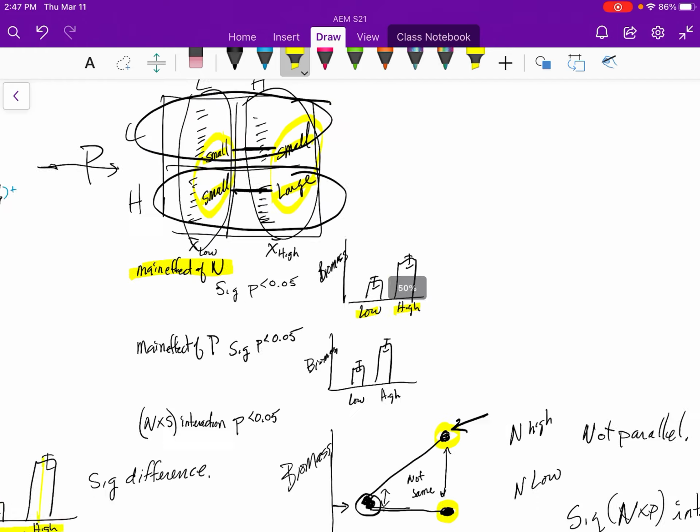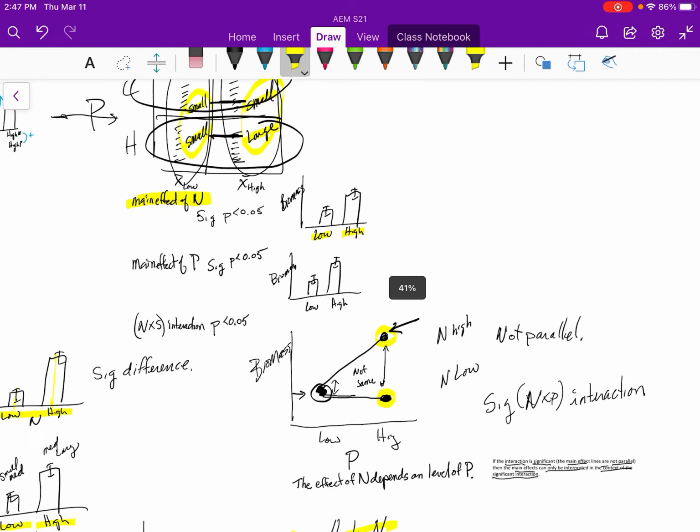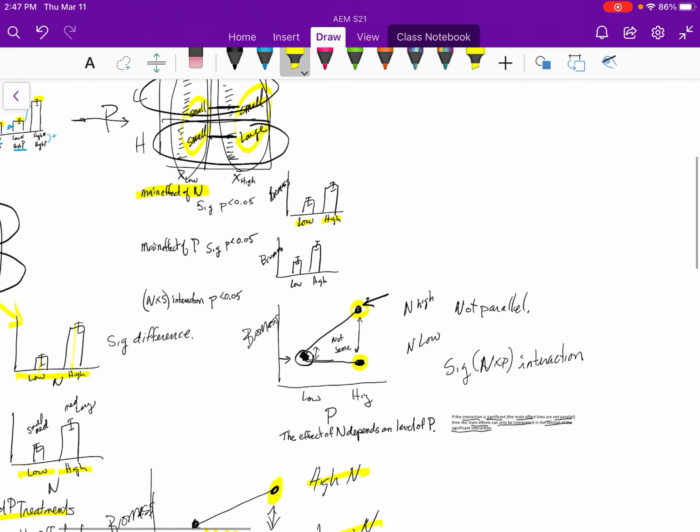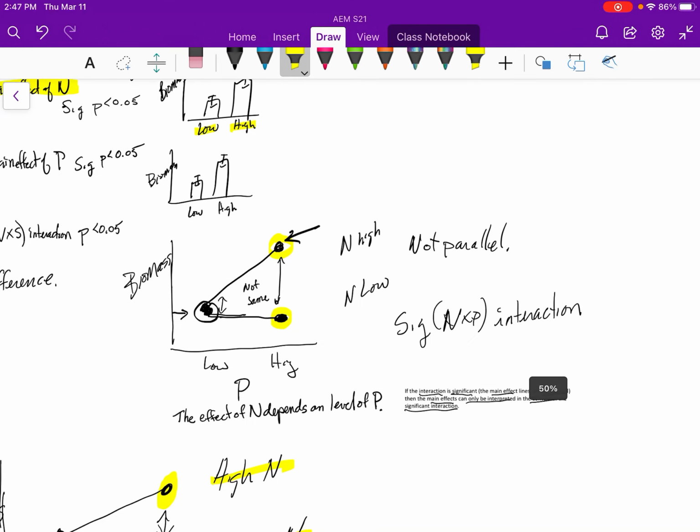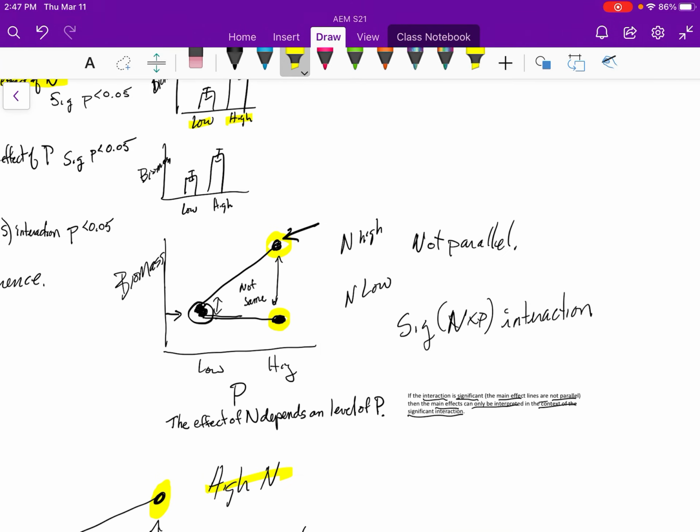So that is the magic of the interaction term. So if you need to explain it and you have to say, what is an interaction that is significant? The interaction is the effect of treatment 1 depends upon the level of treatment 2. Or in this case, the effect of nitrogen depends on the level of phosphorus.